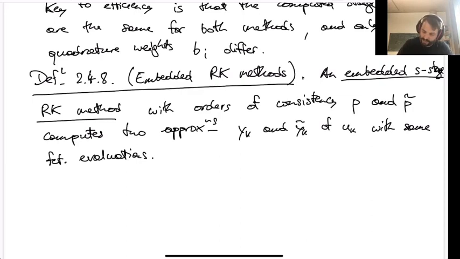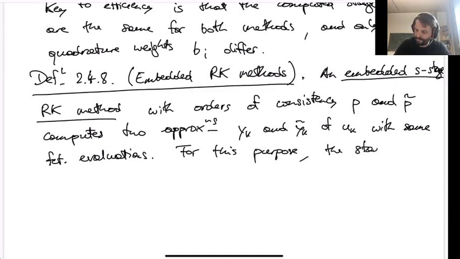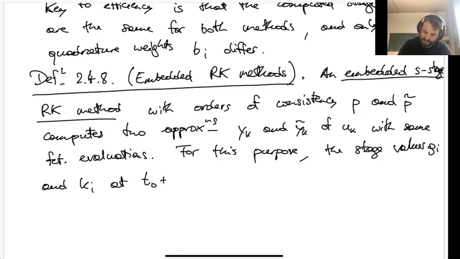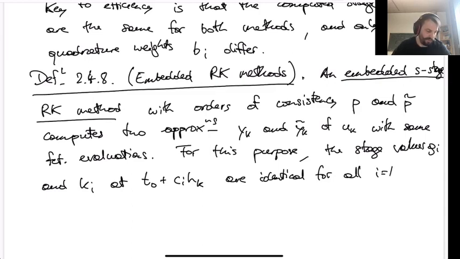So as I said already before, but in this definition I make it precise for this purpose, the stage values gi and ki at the points t0 plus ci hk are identical for all i equals 1 to s for both methods.